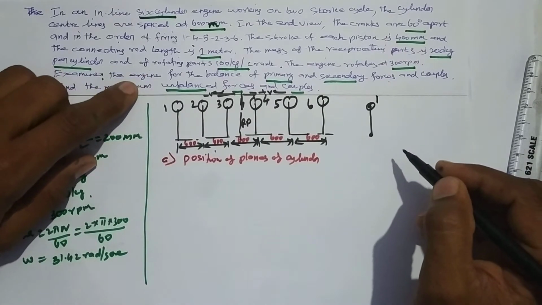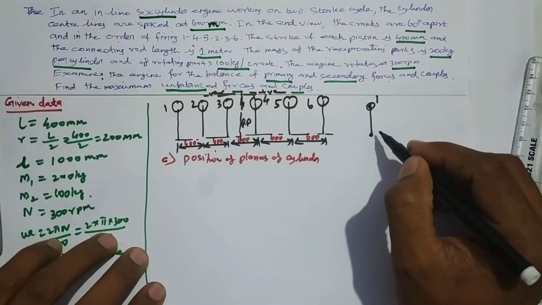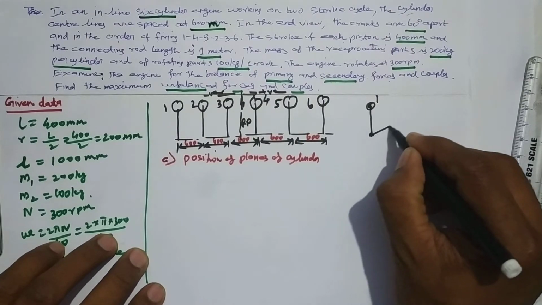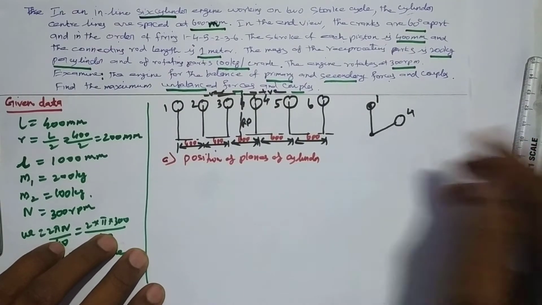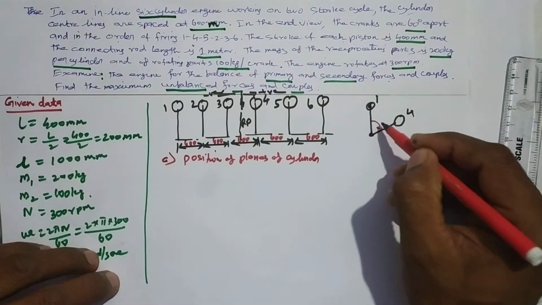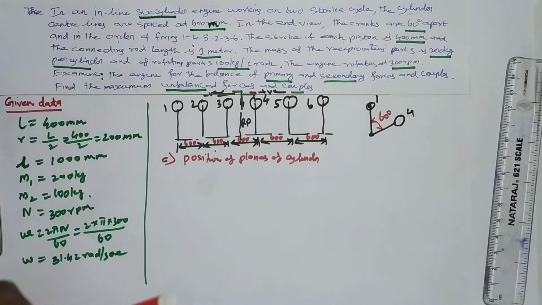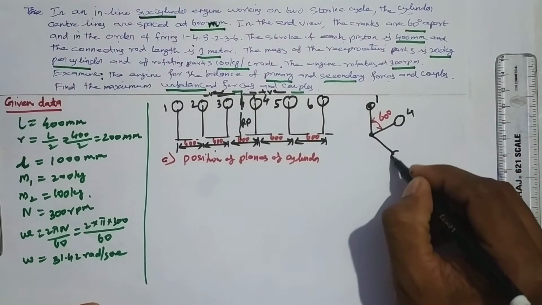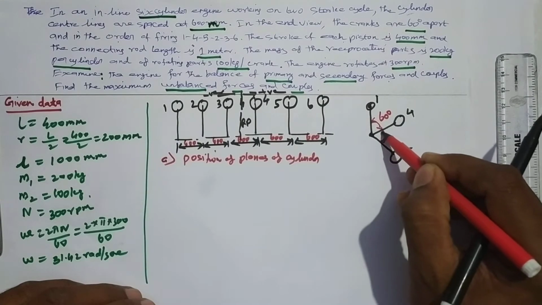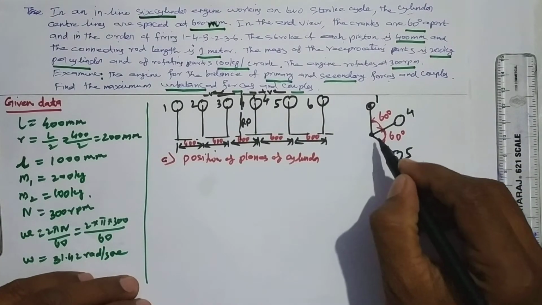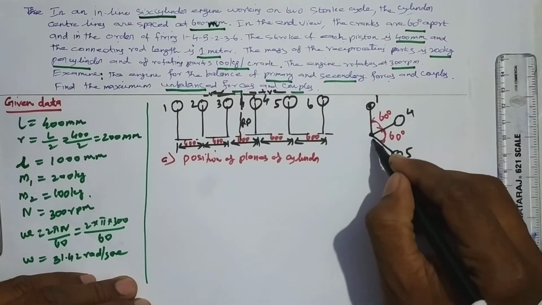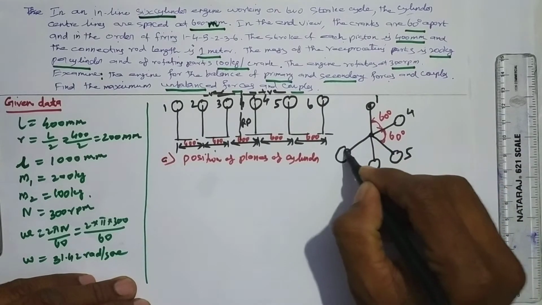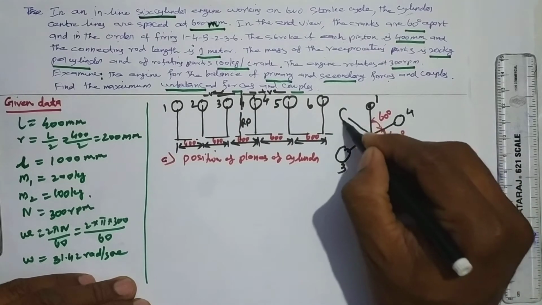What is the next cylinder in the order? The fourth cylinder, which is 60 degrees upward, theta equal to 60 degrees. Next is the fifth cylinder, also 60 degrees, then the second cylinder, third cylinder, and sixth cylinder.